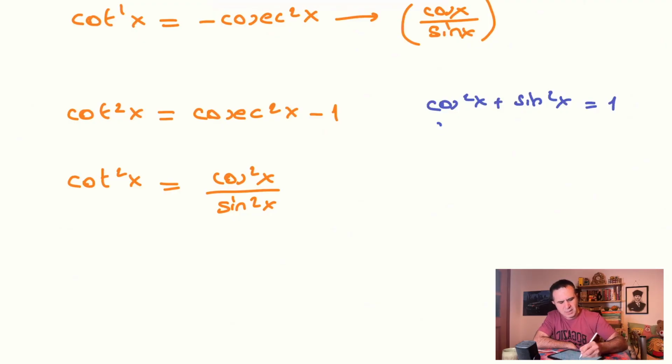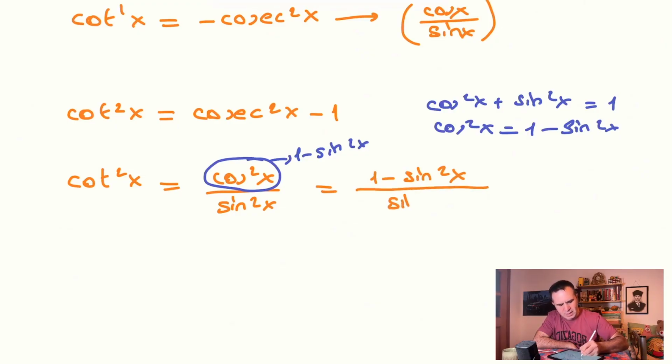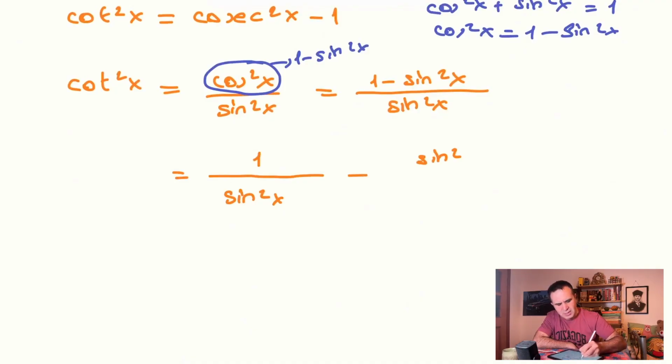This means that cosine square of x is equal to 1 minus sine square of x. Then cotangent square of x becomes 1 minus sine square x over sine square of x, and this is equal to 1 over sine square of x minus sine square of x over sine square of x.